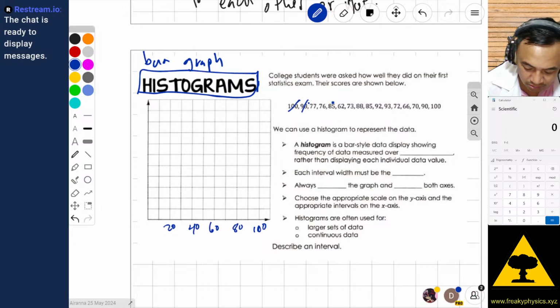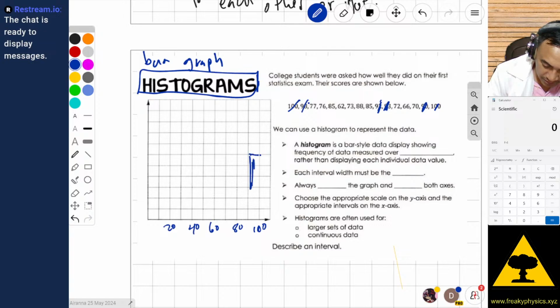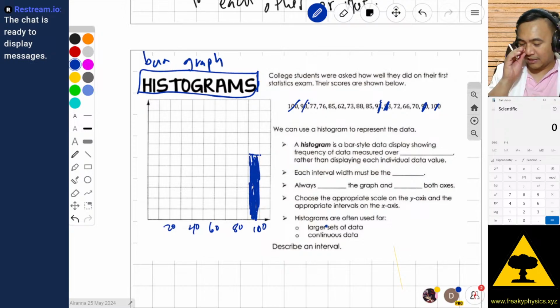One, two, three, four, five, six. So what I'm going to do for the scores of 90 to 100 is graph that like so. You see what I'm doing? I'm not graphing by individual values anymore. I'm graphing across the interval of 90 to 100.